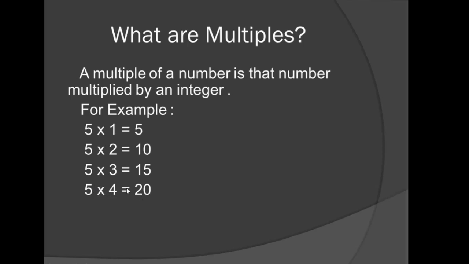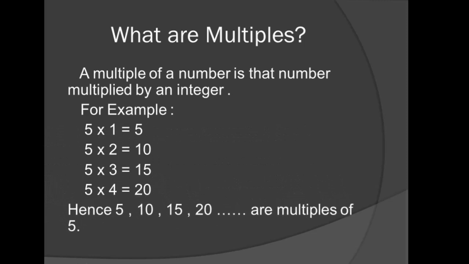Now just check out. As I told you in the beginning, I need to know the multiples of 5, so I have taken 5 and multiplied it one by one with the integers. So 5, 10, 15 and 20 are the multiples of 5, whereas 1, 2, 3, 4 and so on are the integers.